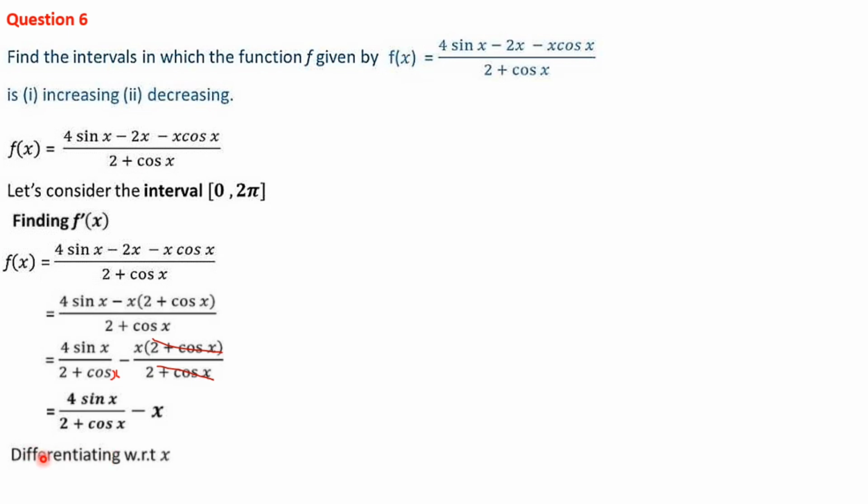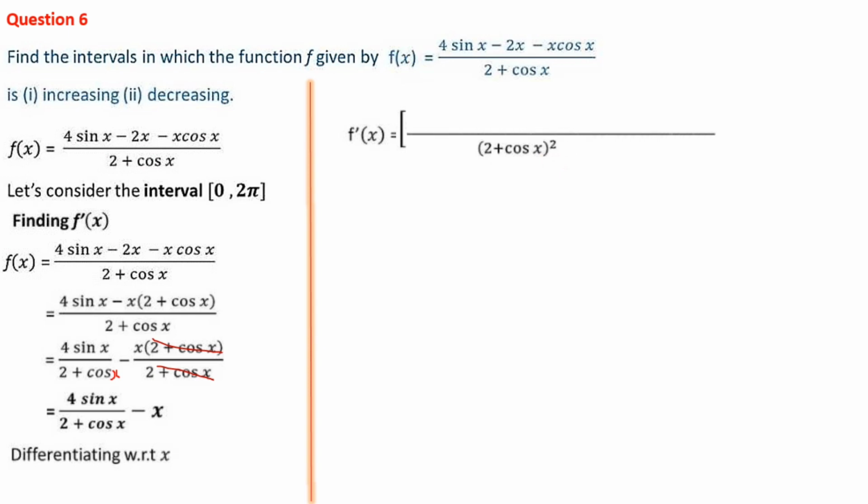Now we can differentiate with respect to x. That is f dash x is equal to, first one, u by v form. U by v form means denominator square, 2 plus cos x the whole square. Then derivative of the numerator, 4 sin x derivative. That's why it is marked here with a dash.